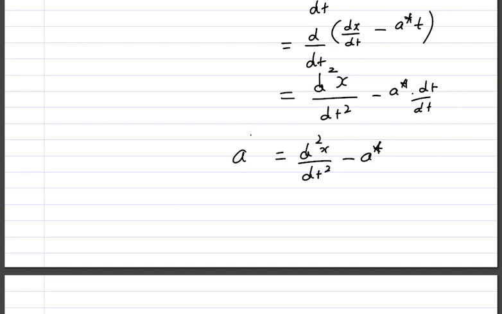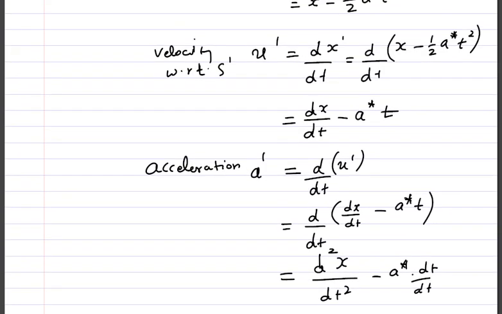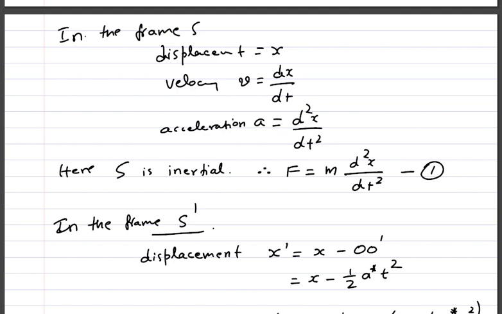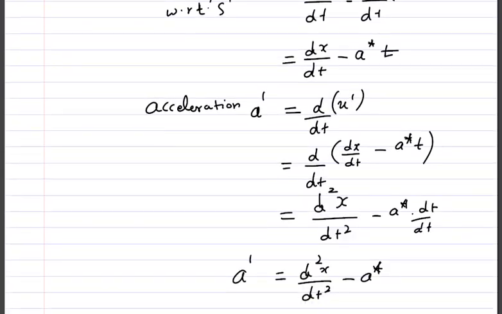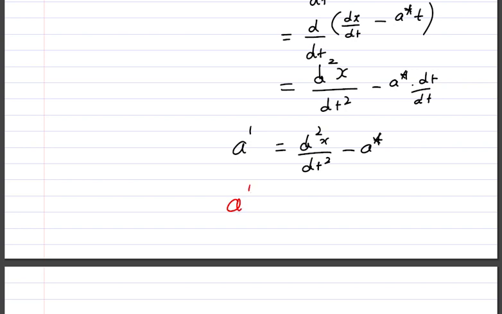So a dash is equal to, let us go back, we have called acceleration a is equal to d square x by dt square with respect to the frame S. So we just substitute that. So a dash is equal to a minus a star. All right.